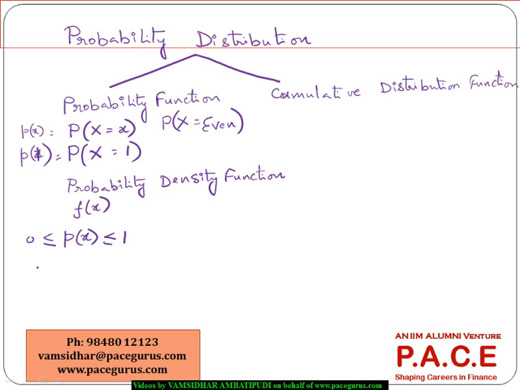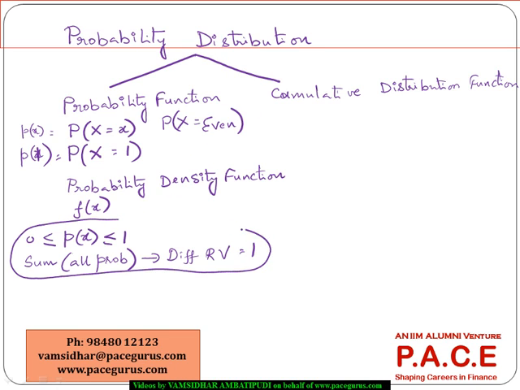And the sum of all probabilities for the different outcomes of the random variable should become 1. These are the two important things that need to be met for any function to be called a probability function.